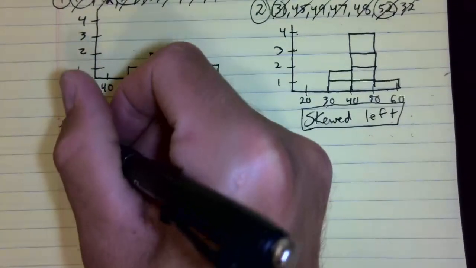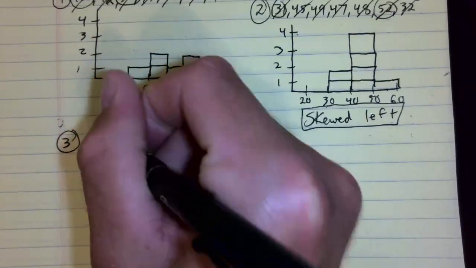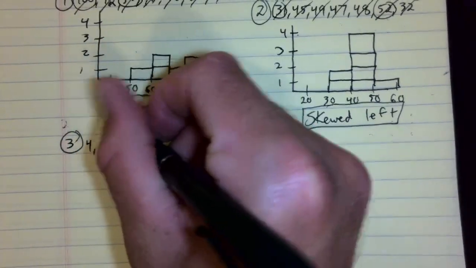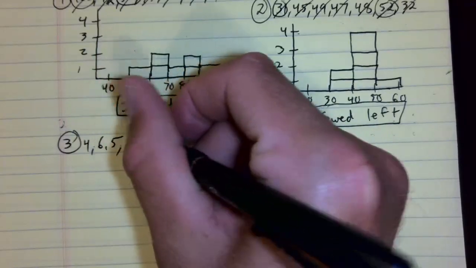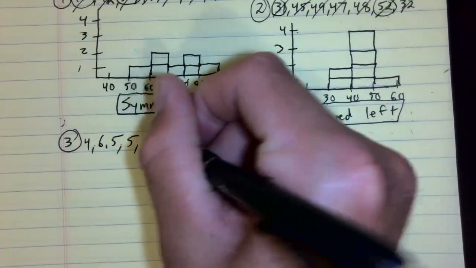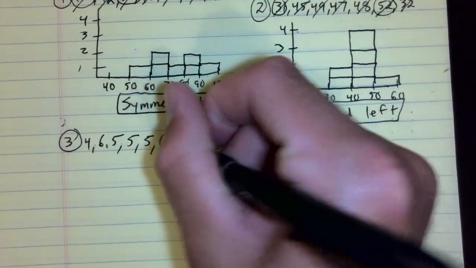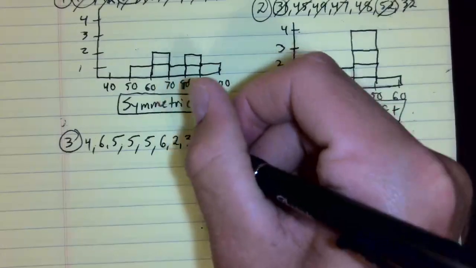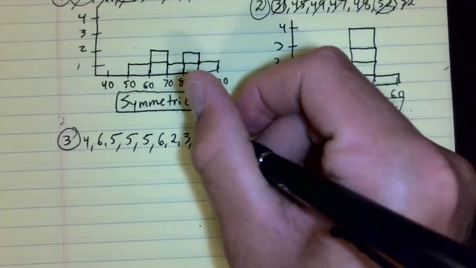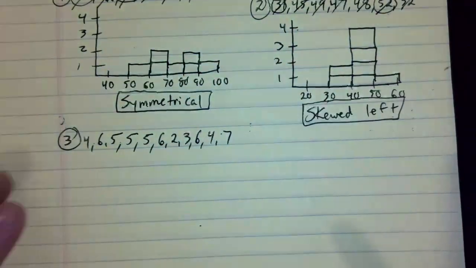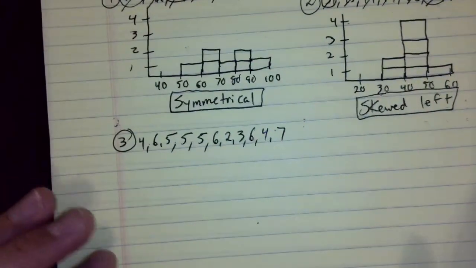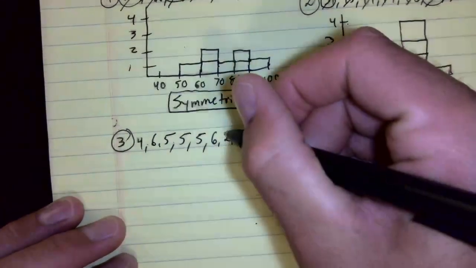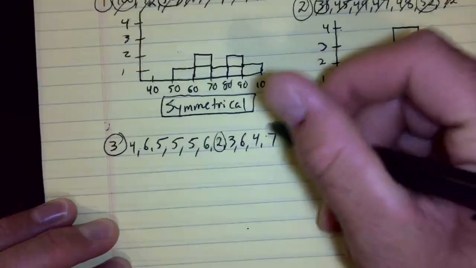Number 3 is 4, 6, 5, 5, 5, 6, 2, 3, 6, 4, and 7. So start off by circling your low and your high. So we know 2 is your low, that's easy. 7's our high.